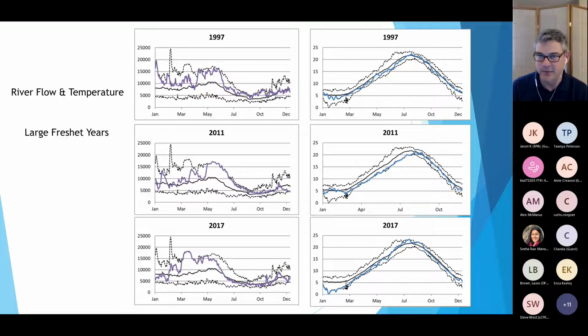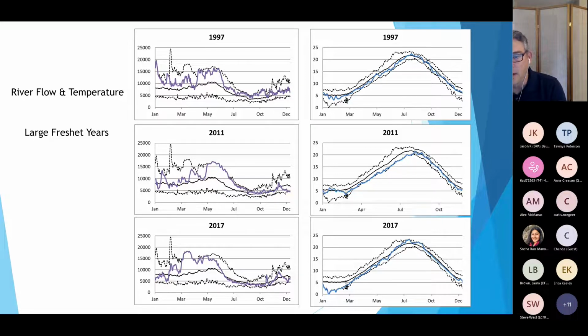And I'm just going to focus on temperature because that's what most people really are interested in. And here you can see our three big flow years in this data set, 97, 2011, and 2017. And on the right is again the maximum temperature on any given day in the data set and the minimum. And then in blue is the temperature of that year.